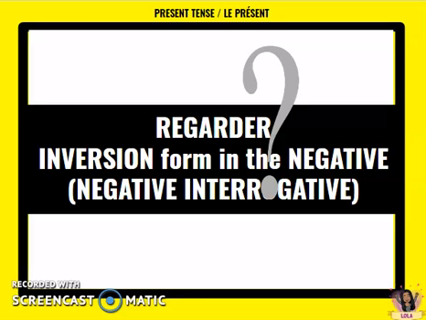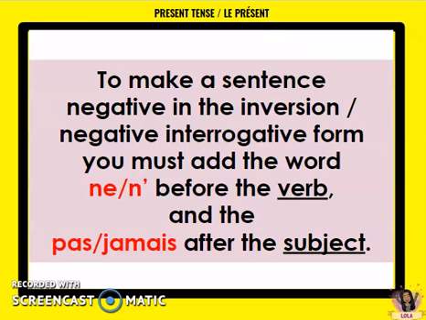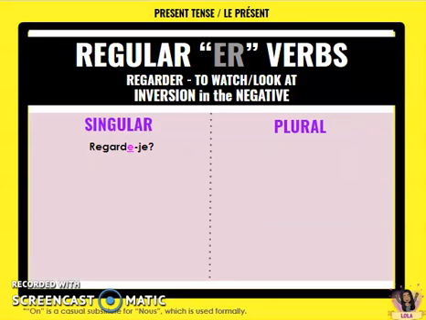So it's still a question, but we're making it negative. To make a sentence negative in the inversion or negative interrogative form, you must add the word ne or n' before the verb and pas or jamais after the subject. So this is the positive, like it's in the interrogative form, but in a positive way.